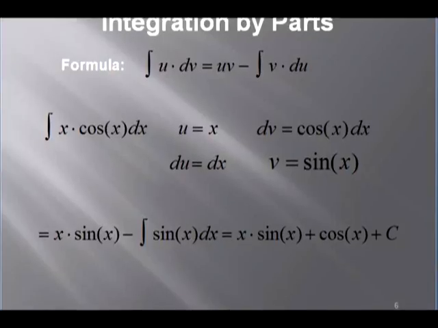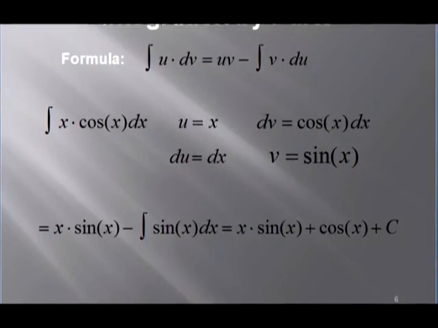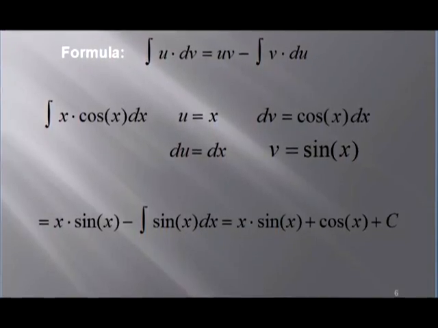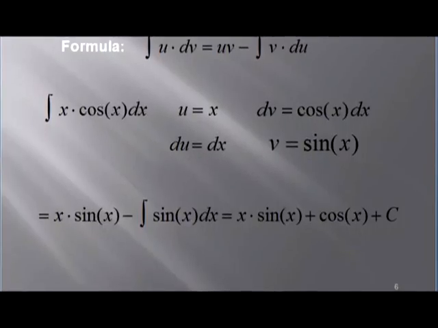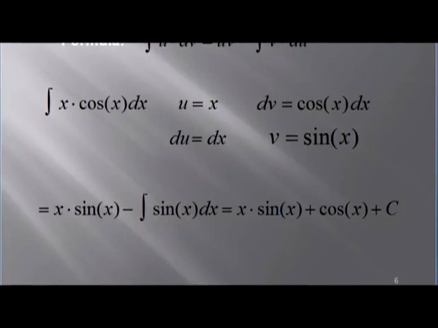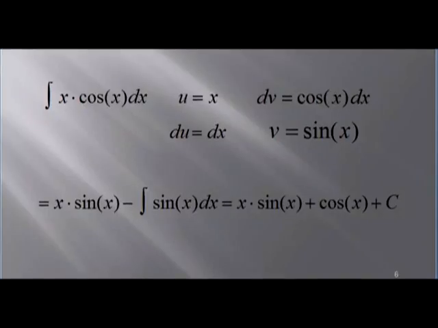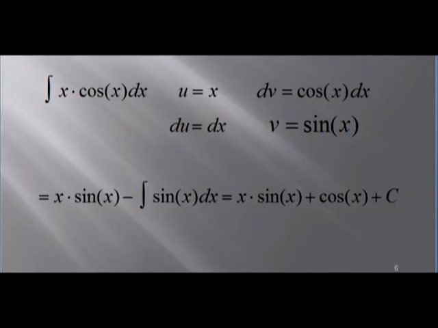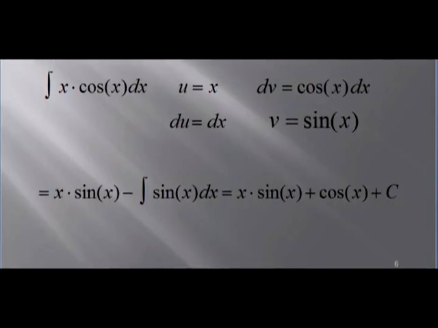And for u, you take the derivative of u and get du dx, and then move the dx over to the other side of the equation. And then for dv, you take the integral of both sides to get v. So in this example, x cosine x dx, u is x, so du dx equals 1, so du equals dx.